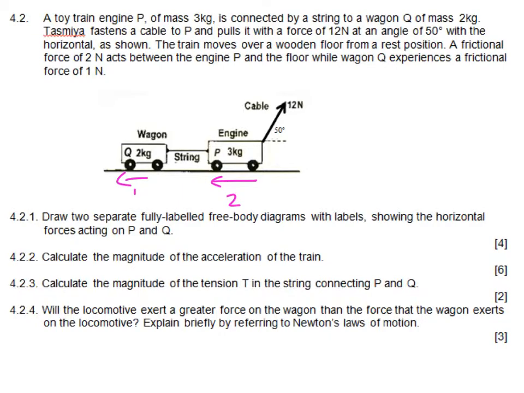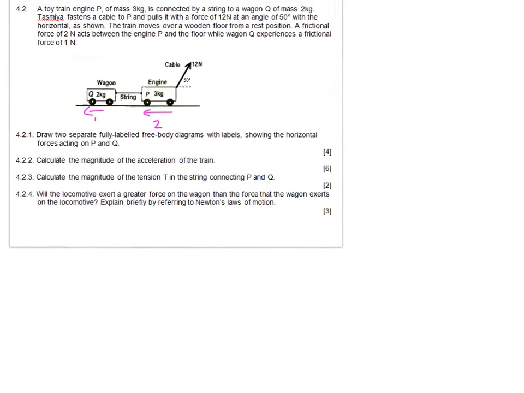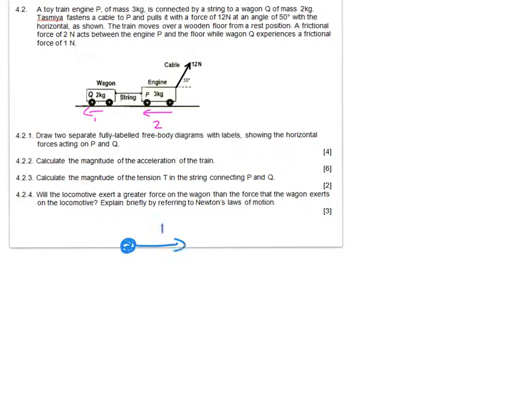Now remember, our free body diagrams are going to be a dot and then everything coming off that dot. So first let's do the 2 kilogram. There's tension in the string going forwards, and there is friction acting backwards. They only want the horizontal forces, so only put the horizontal forces.